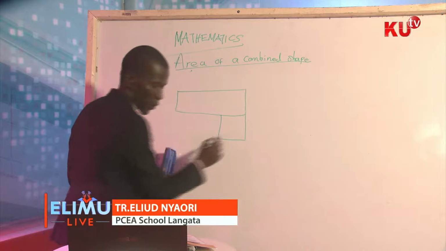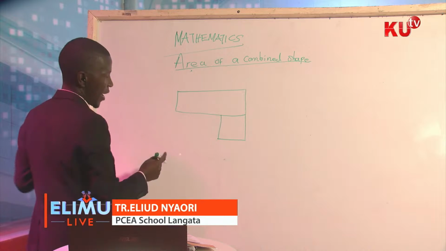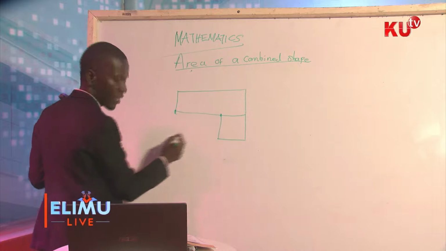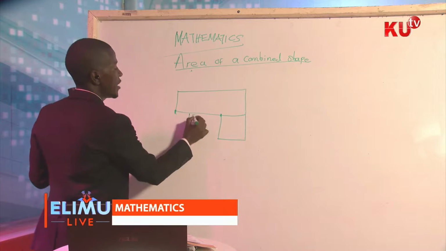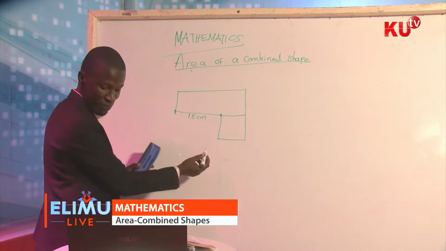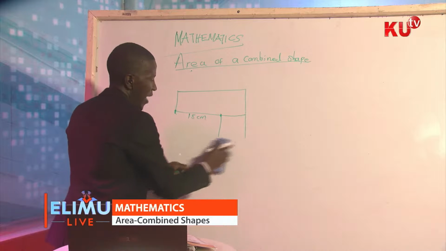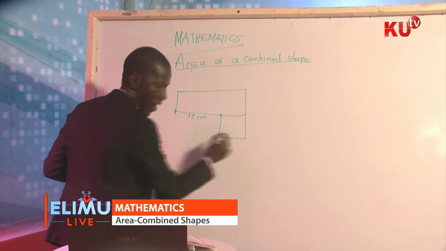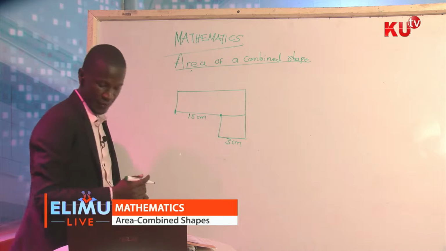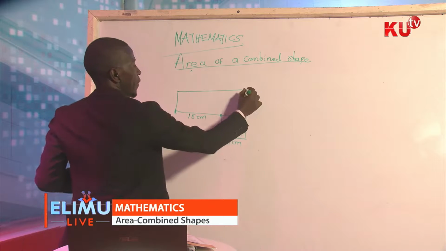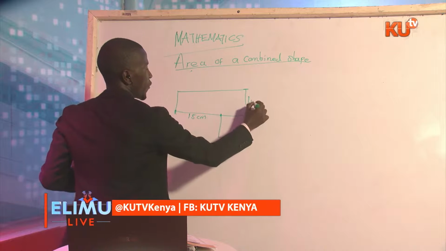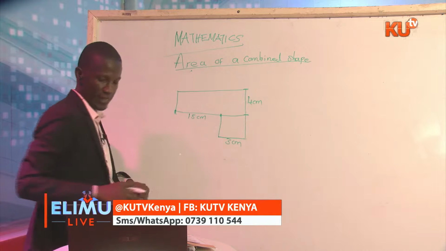Then from here to here is 15 centimeters. Then the length of the square is 3 centimeters. Then from this point to this point is 4 centimeters.